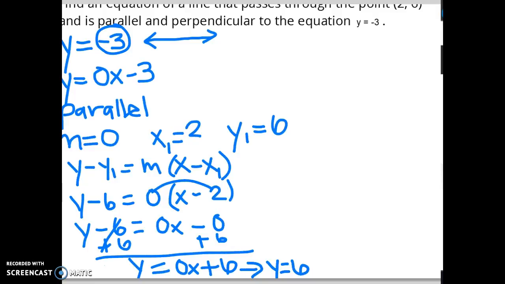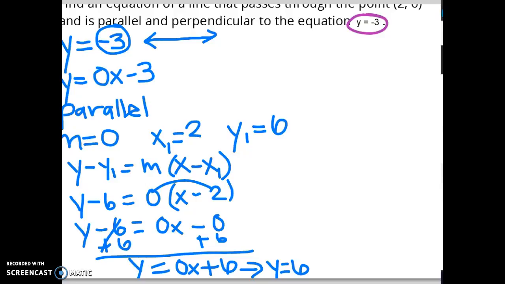That would be parallel. Okay, now let's use purple for perpendicular. Perpendicular is the opposite reciprocal of the slope for this equation.